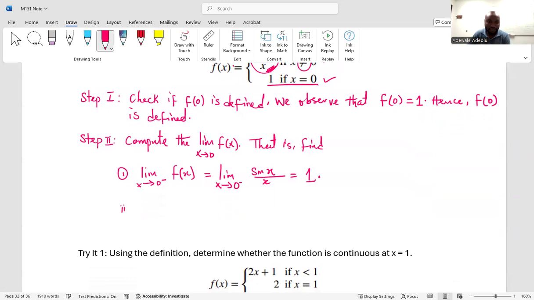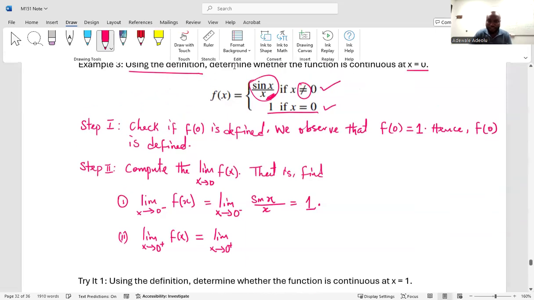That is not enough. You also need to find the limit as x goes to 0 from above of that function. Again, from my explanation, I will use this part again because that is where x is not 0.